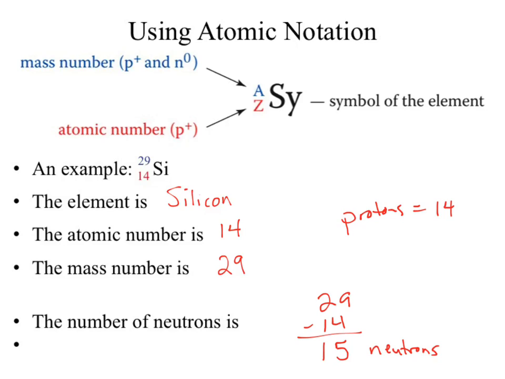Another way that you could format this is instead of writing it out as the atomic notation, you may also see it referenced as silicon with a dash followed by which number? It'll be followed by the mass number. Why would we not follow that with the 14?